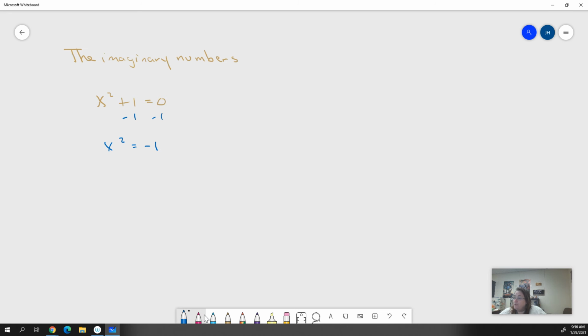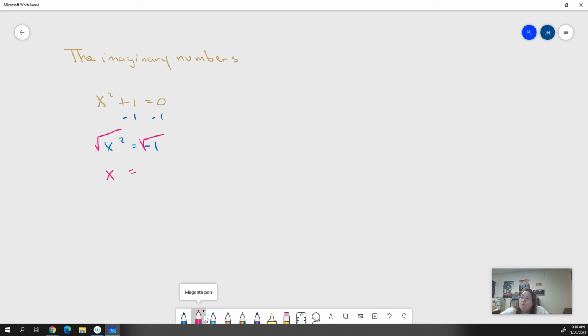And when we were doing this the other day, we were going to take the square root of both sides, and that would be our solution. We would get x equals whatever the square root of this is, right? Plus or minus. The problem is what number times itself equals -1, or negative anything for that matter.